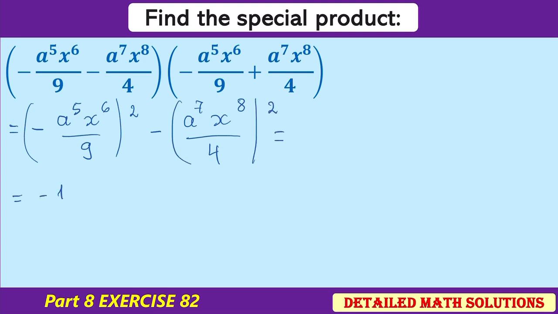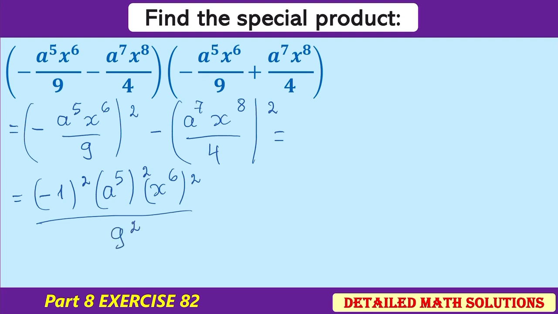This equals (minus 1) squared multiplied by (a to the fifth power) squared (x to the sixth power) squared over 9 squared minus (a to the seventh power) squared (x to the eighth power) squared over 4 squared.